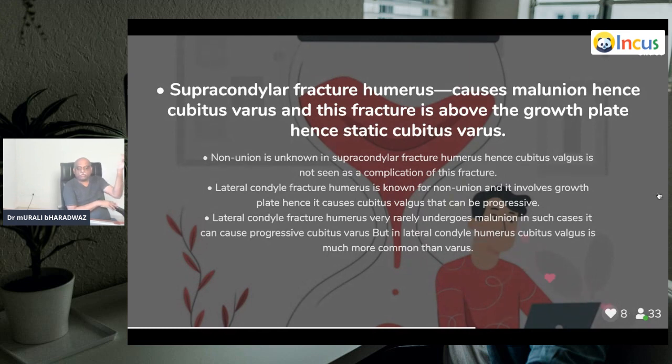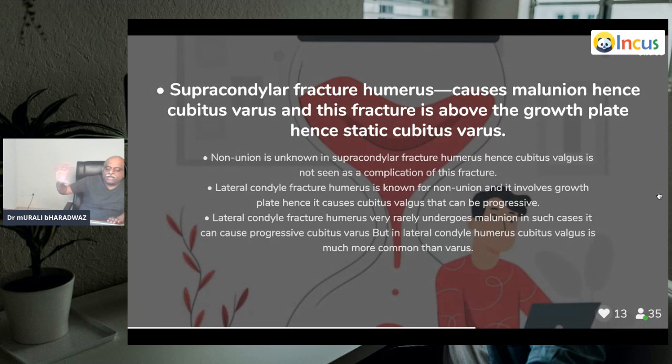And this fracture is above the growth plate, hence it is a static cubitus varus. Now, non-union is virtually unknown in case of supracondylar fracture humerus. That is the reason cubitus valgus is not seen as a complication of this fracture. Please don't forget this very important principle.